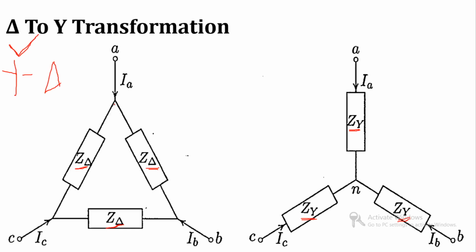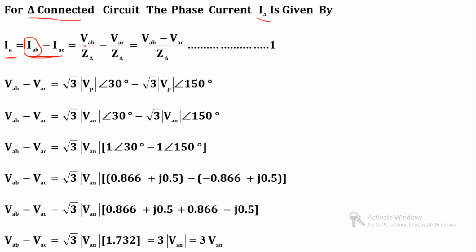Clear? Suppose the voltage of phase A is equal to VAB and its impedance is Z delta. So IAB is equal to VAB upon Z delta, and similarly IAC is equal to VAC upon Z delta.